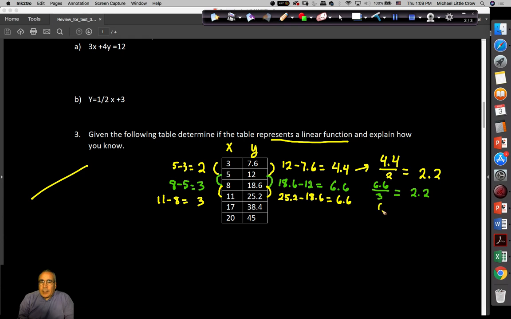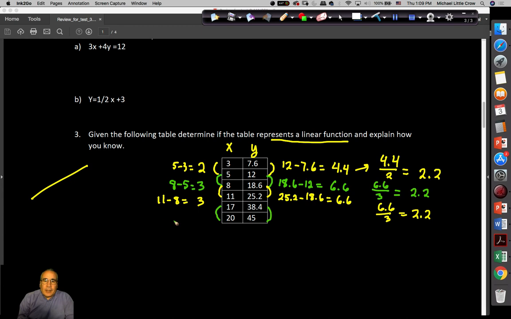So again, we get 6.6 over 3, which reduces to 2.2. So far our slopes are checking out. And just keep checking each one of them. I'm running out of space, so I'm just going to jump down to this last one.